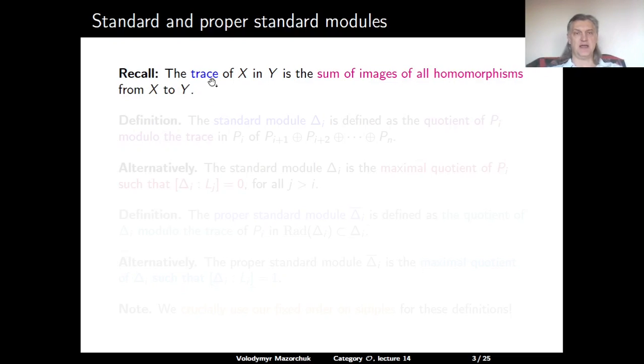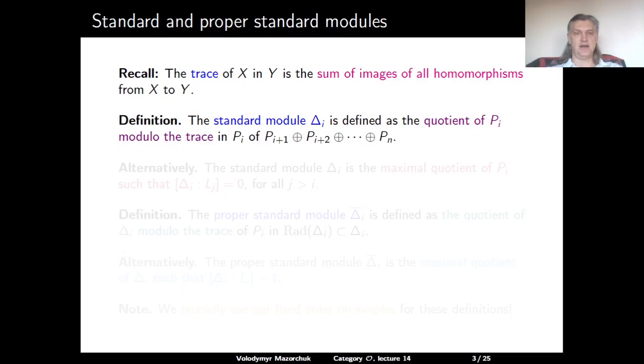Recall that the trace of module X in module Y is the sum of images of all homomorphisms from X to Y. For each i, we define the standard module delta i as the quotient of the projective module Pi modulo the trace in this module Pi of the projectives Pi+1, Pi+2, and so on, Pn.